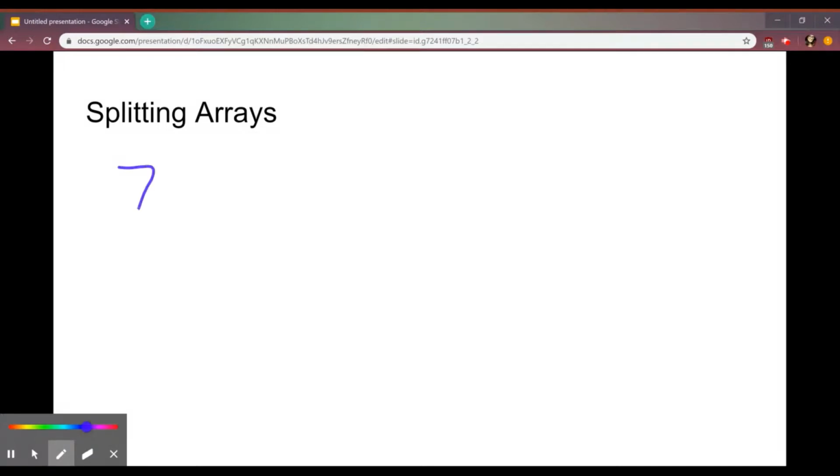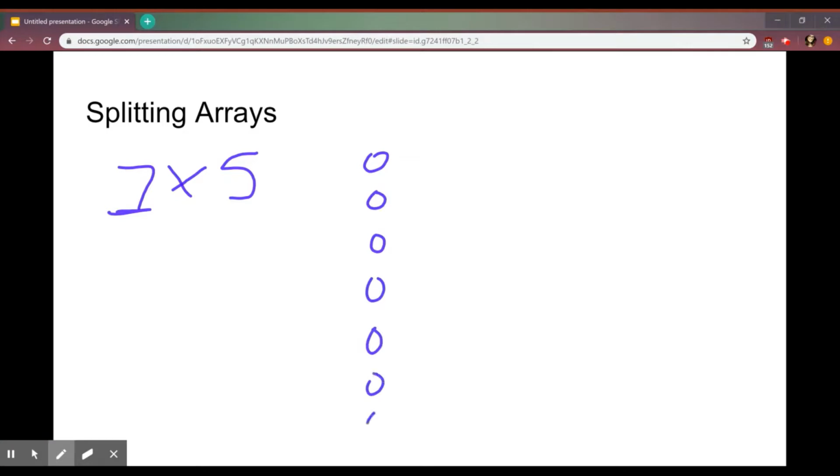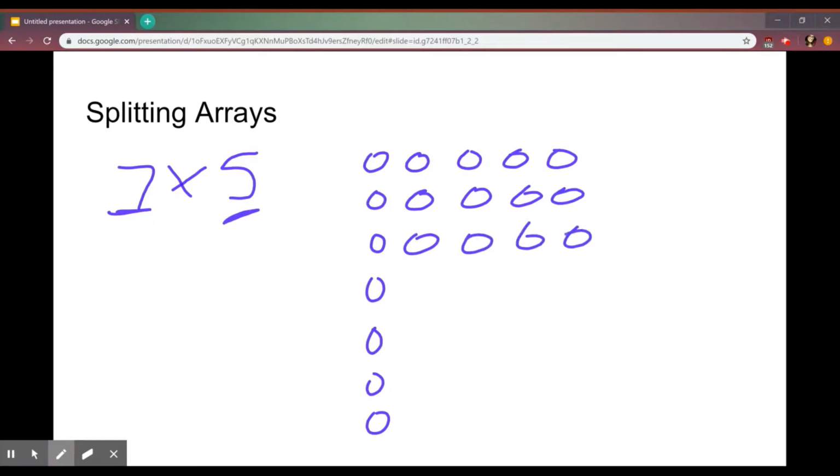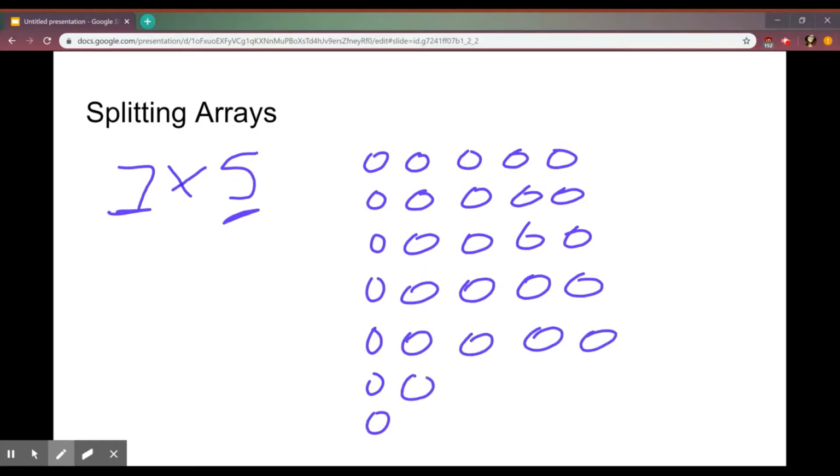So let's say that we had 7 times 5, and I'm going to draw the array for that, so I have 7 down. 1, 2, 3, 4, 5, 6, 7, and 5 in each row, for all 7 rows.